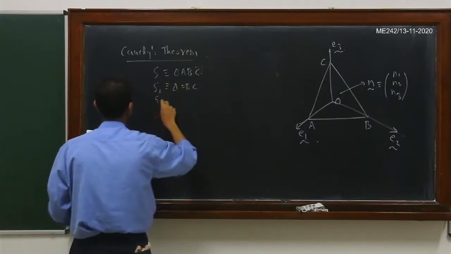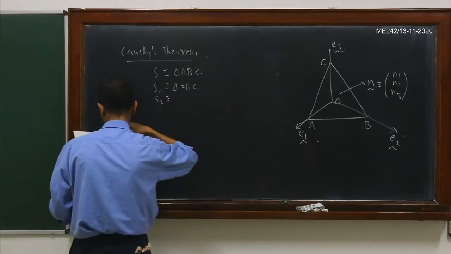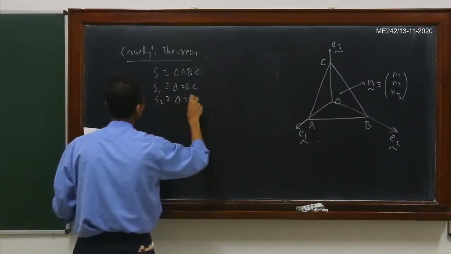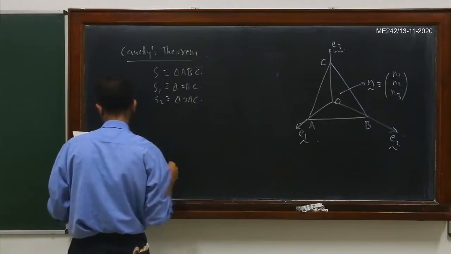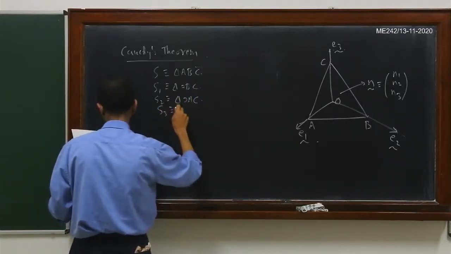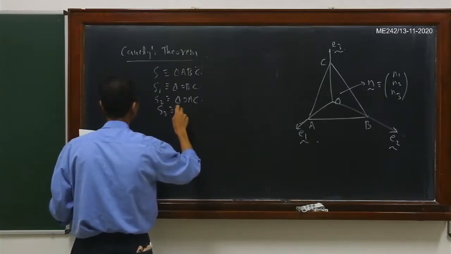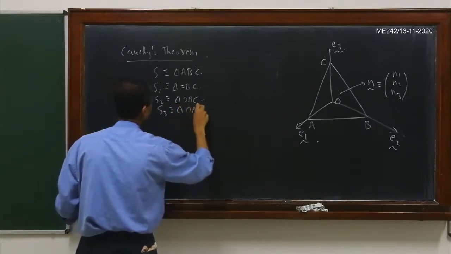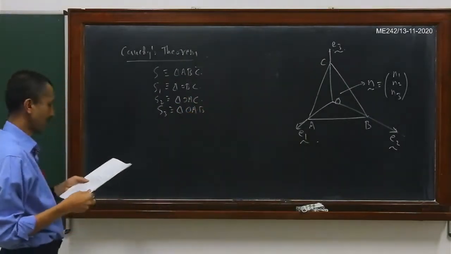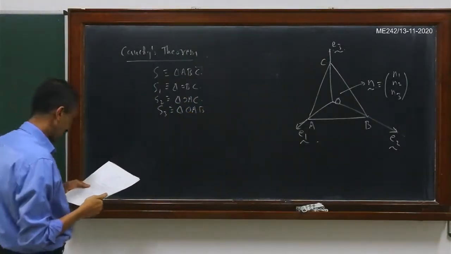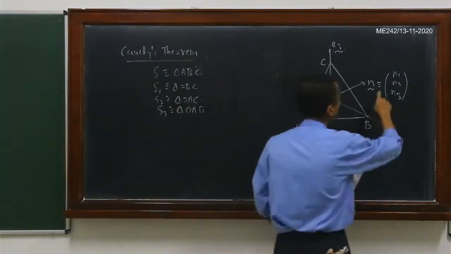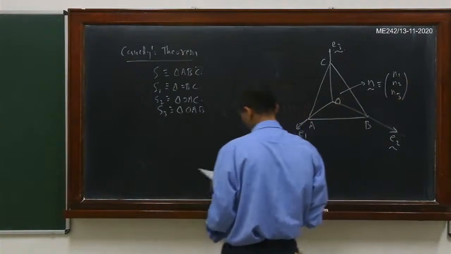S2 is the triangle OAC, and S3 is the triangle OAB. These are just labels that we are giving to each of these faces. Now, the components of this normal n are given by n1, n2, and n3 here.